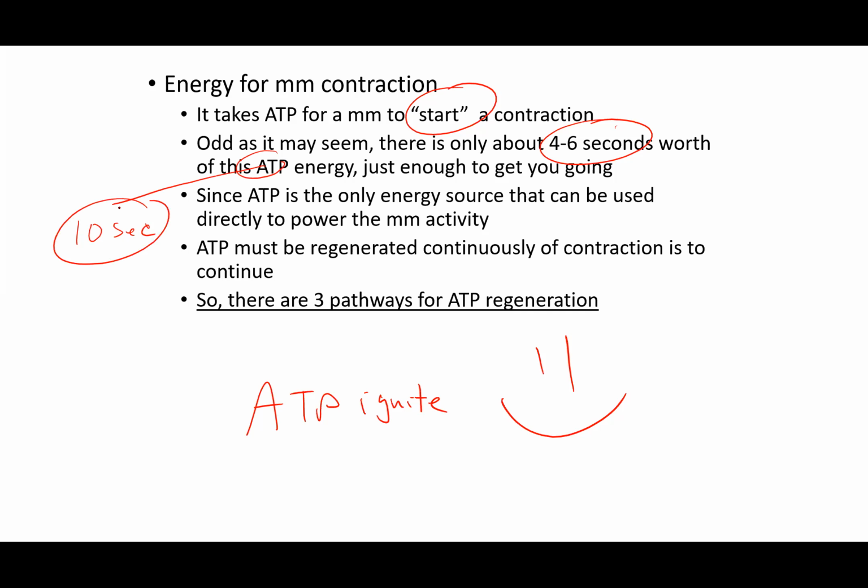So he went from the average person, which is 4 to 6 seconds, and was able to get it up to about 10 seconds. So if you look at his time in the 100-meter dash, it's 9 point something. Hold on, let me look that up real quick, what his record is.